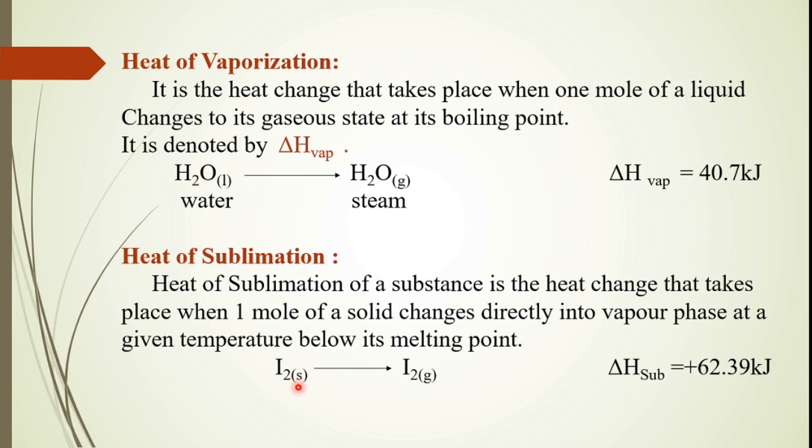In sublimation, the solid substance directly changes into its gaseous form, and whatever heat change occurs during this process is known as heat of sublimation. Now when iodine in its solid state changes directly into its gaseous state, the heat change is equal to 62.39 kilojoule. Is it okay to you?